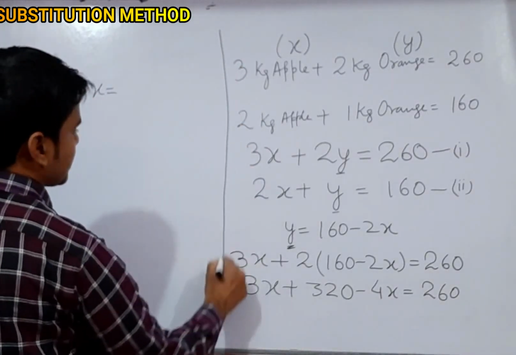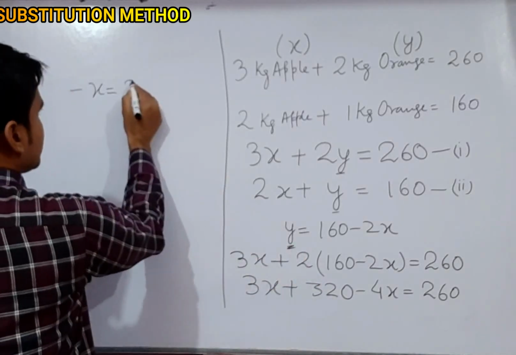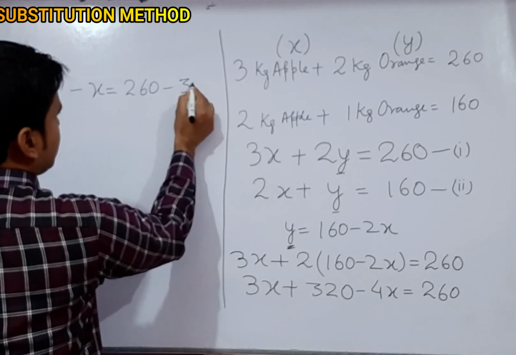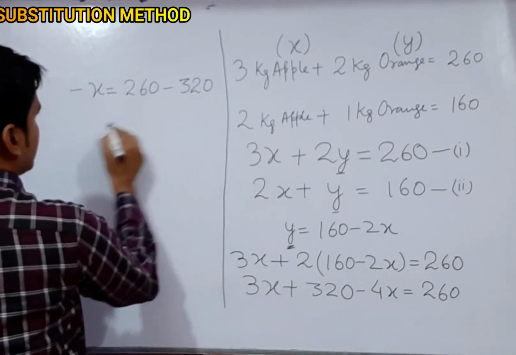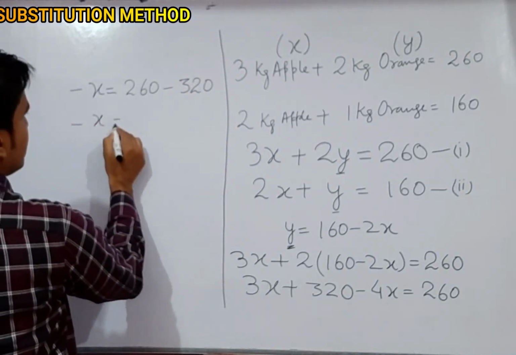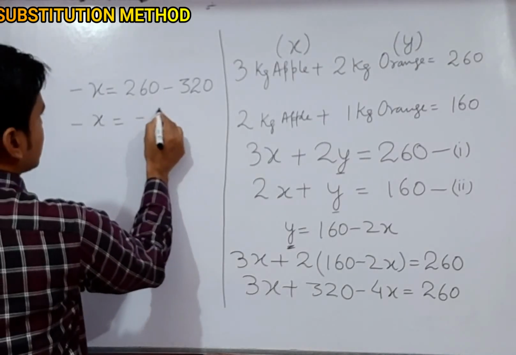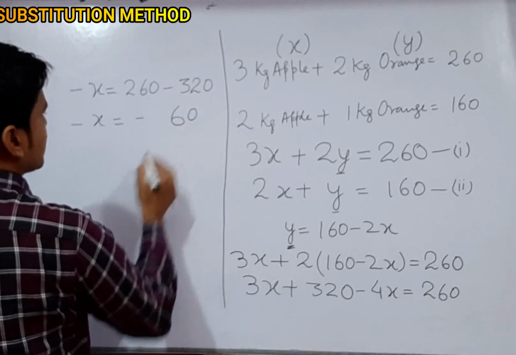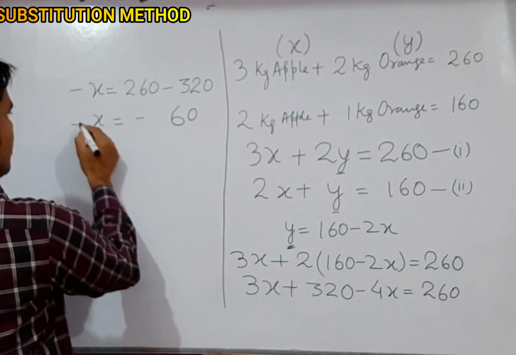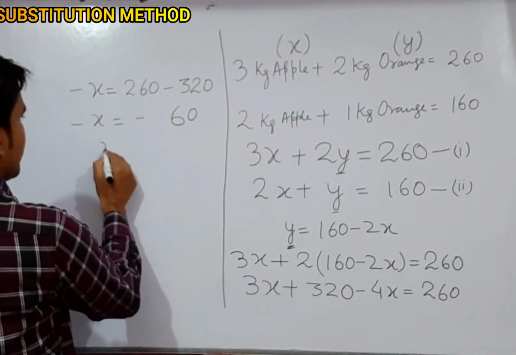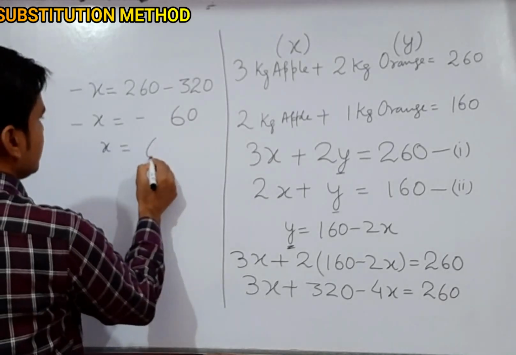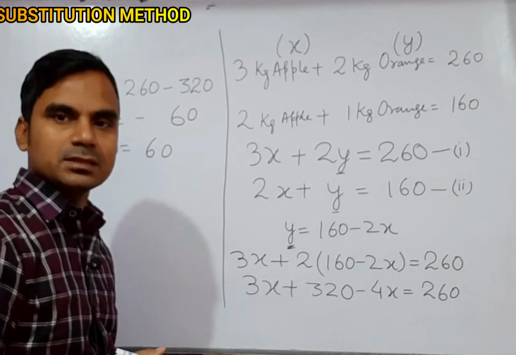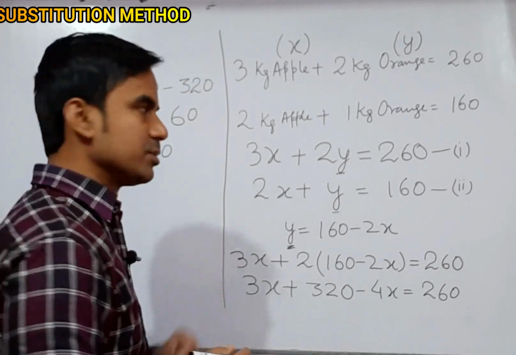And 260 minus 320, so minus x is equal to minus 60. Okay, so the minus cancels, so x is equal to 60. So the price of 1 kg apple is equal to 60 rupees.